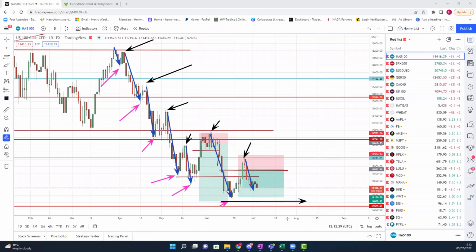If we use the market structure that's already happening, do we think that it's going to continue going lower and actually break that low? Absolutely. By using the logic and using what's happened there, it seems to be a high probability that it will drop lower.